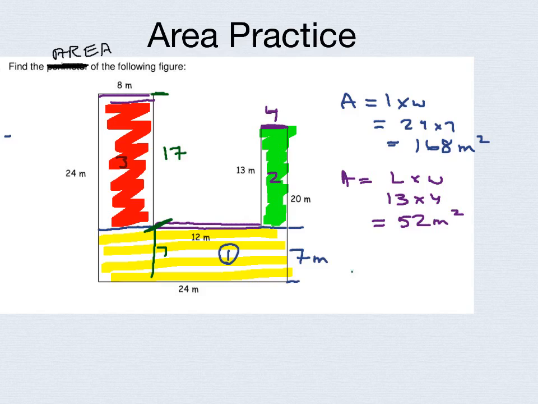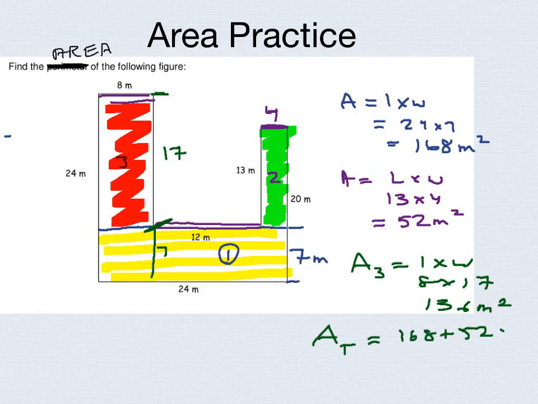So the area of figure 3, which would be the length times the width, 8 by 17, 8 times 17 is 136 square meters. So the area in total is going to be the sum of all 3 of those dimensions. So 168 plus 52 plus 136, which is 356 square meters.